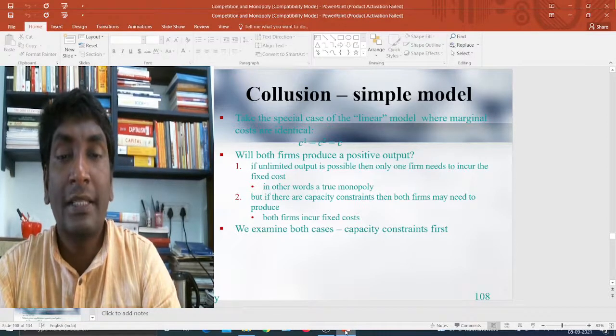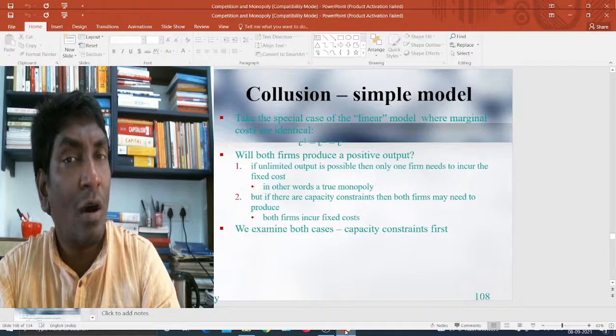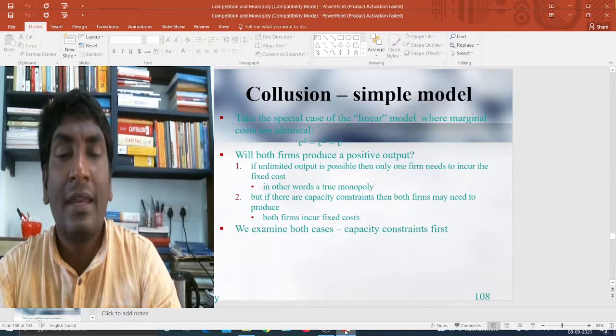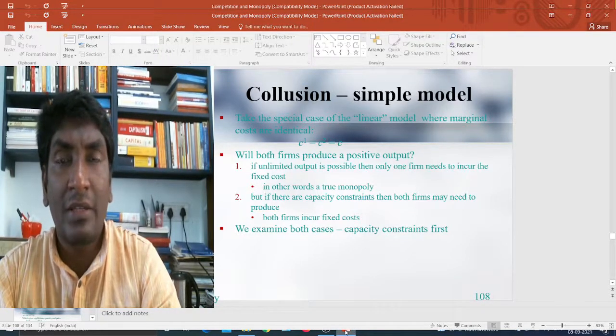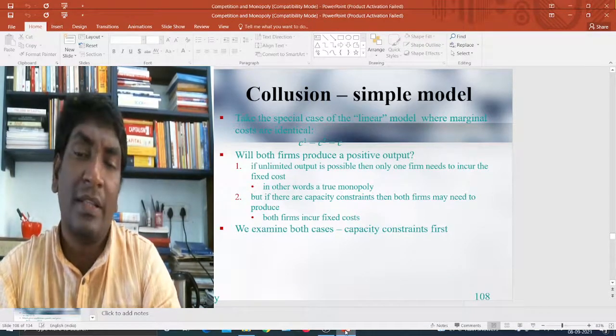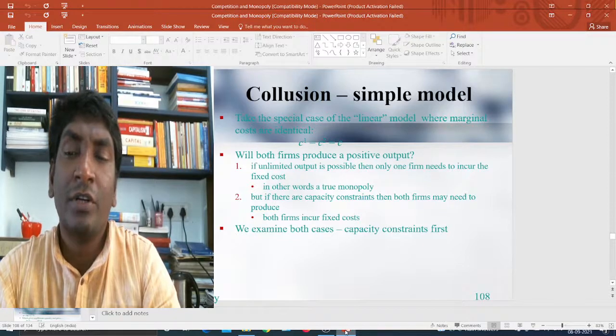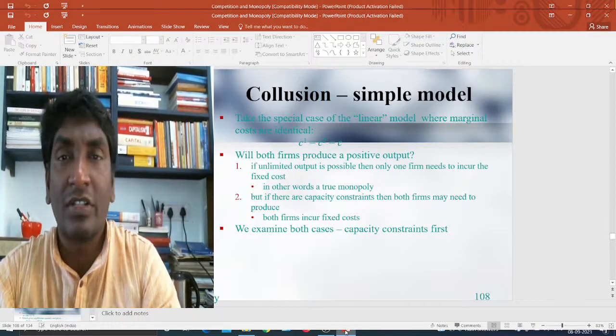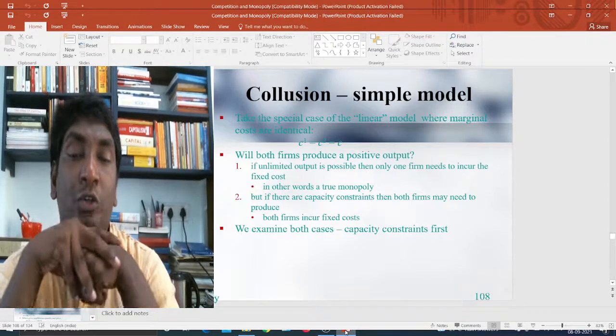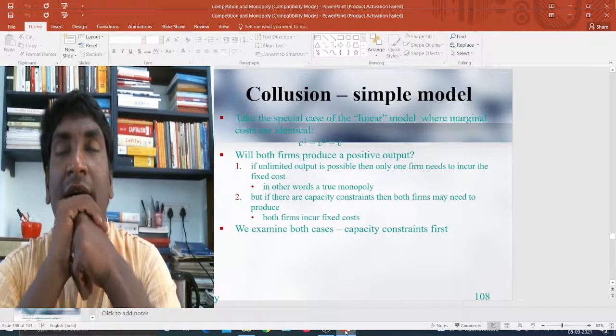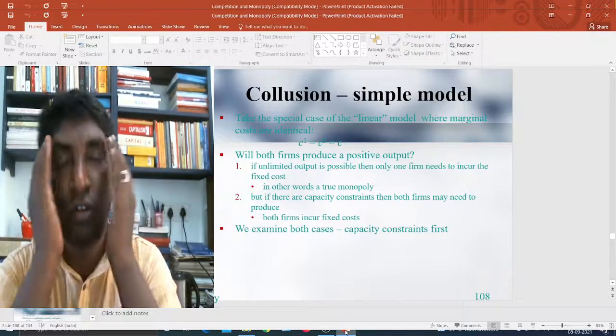Take the special case of the linear model where marginal costs are identical. Will both firms produce a positive output? That is the question, so let's look into it. If unlimited output is possible, then only one firm needs to incur the fixed cost. In other words, it is a true monopoly, and there is also a possibility of free riding.